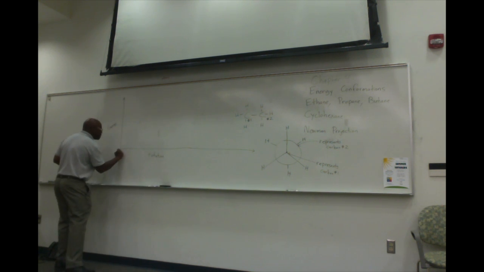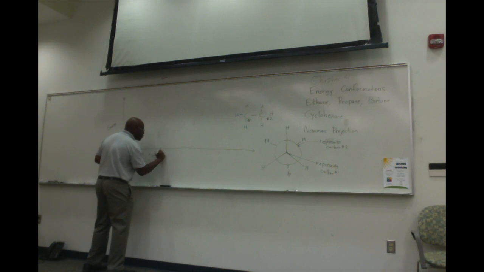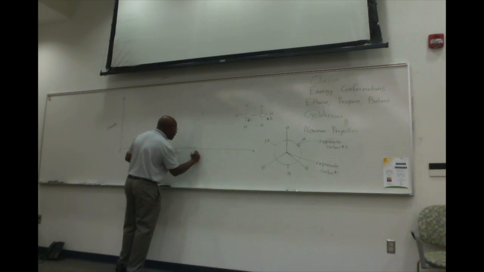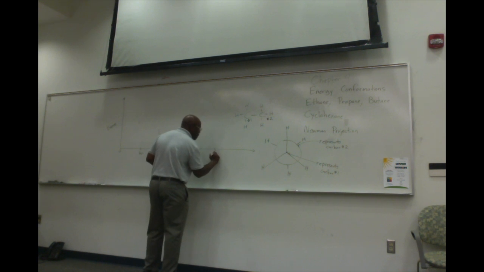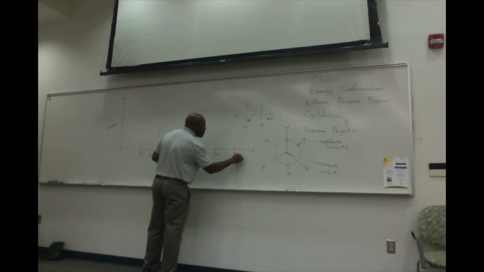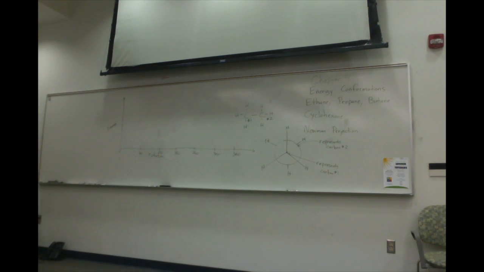You're going to rotate from 0 to 60, to 120, to 180, 240, 300, 360. What's the significance of 0 to 360? It's a circle. We made a complete circle.